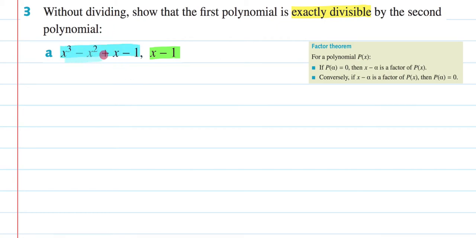Now let's just begin by defining what these things are. This is my divisor, and this one over here is my dividend, which we represent with p of x. Now, if it's exactly divisible, we know that this is going to be a factor, which means we'll be using our factor theorem, which tells us that if p of alpha equals 0, then x minus alpha is a factor of p of x.